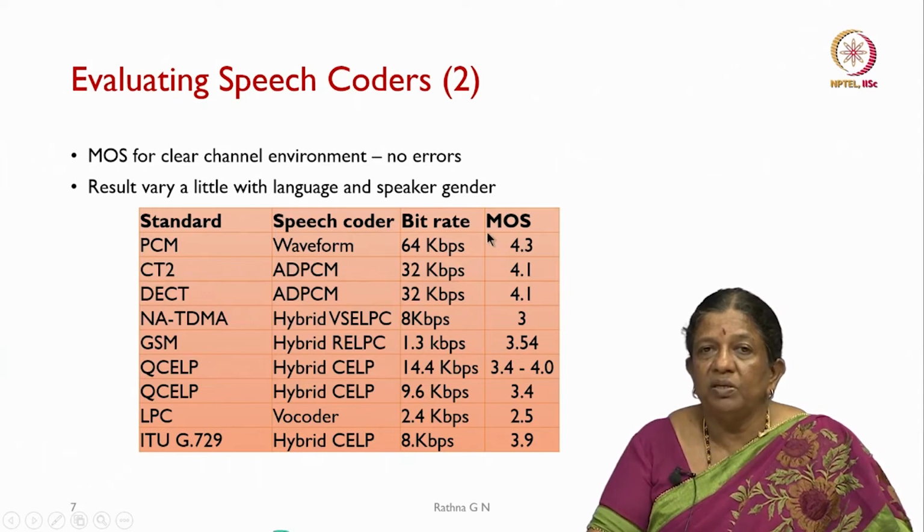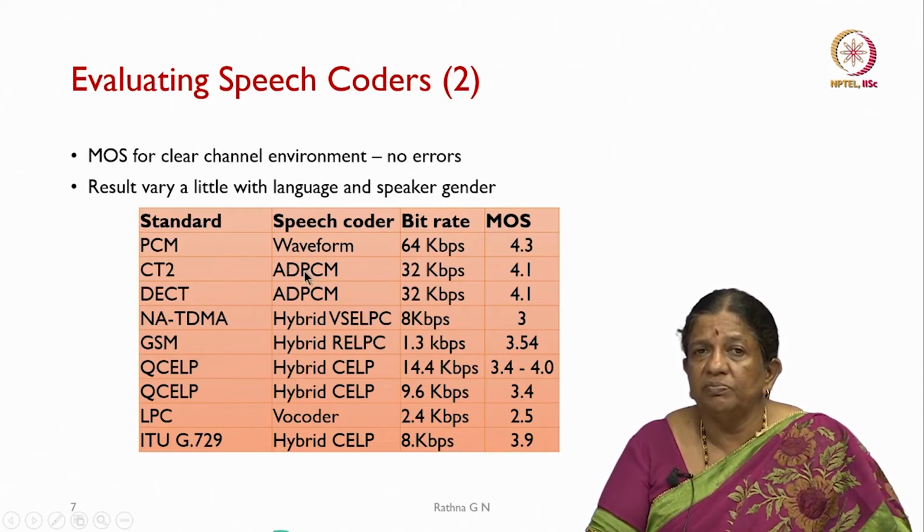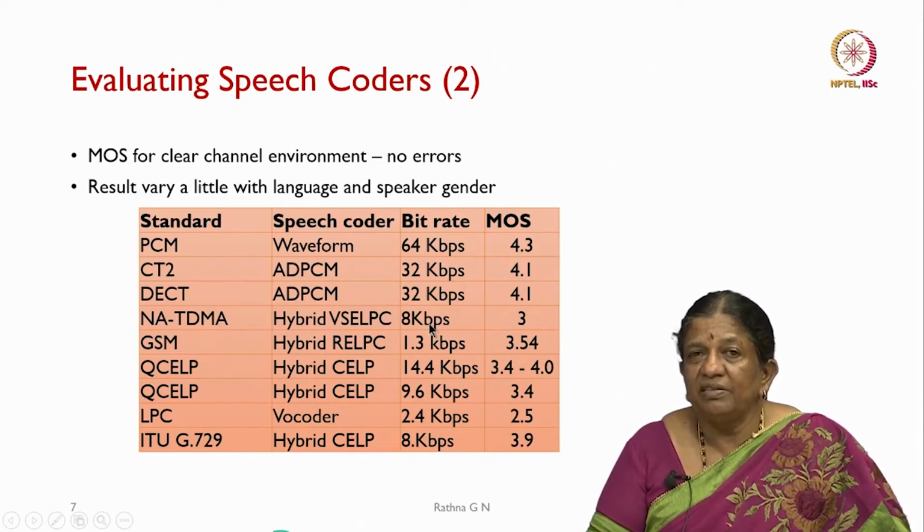The MOS value given for it is 4.3, whereas adaptive differential PCM, which we said is 32 kilobits per second, has a mean opinion score of 4.1. DECT uses ADPCM at 32 kilobits per second, and this also has 4.1, whereas our TDMA technology, hybrid VSELP, has a bit rate of 8 kilobits per second, with a MOS of 3.